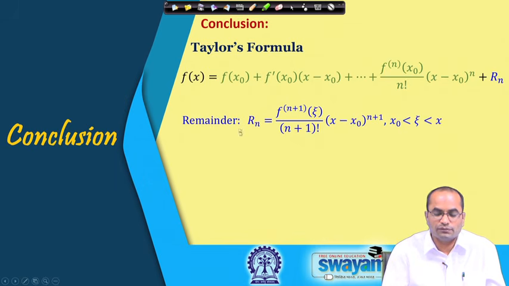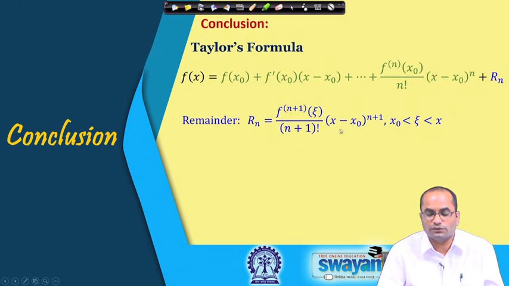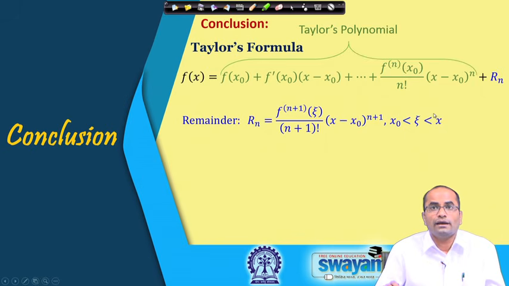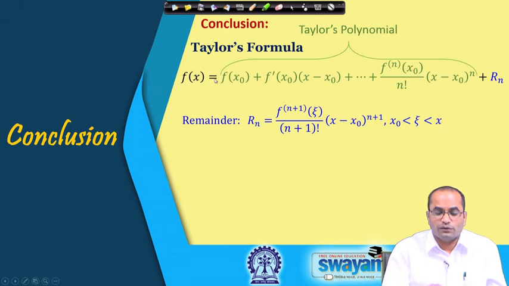This is one form of the remainder term: the (n+1)th derivative divided by (n+1) factorial, times (x minus x0) to the power n plus 1. The polynomial term we call the Taylor polynomial.